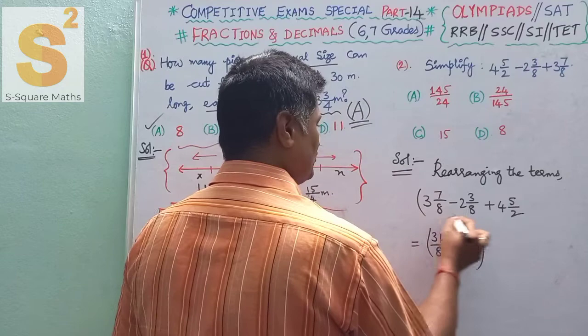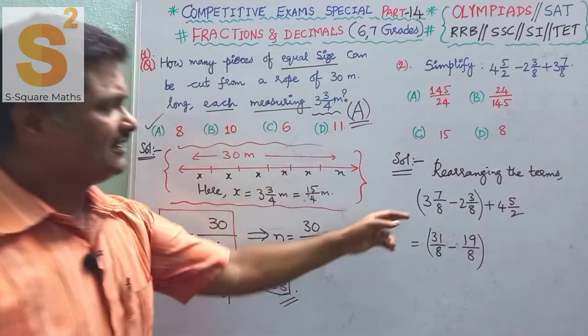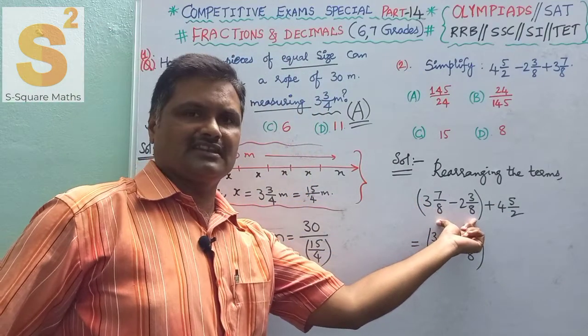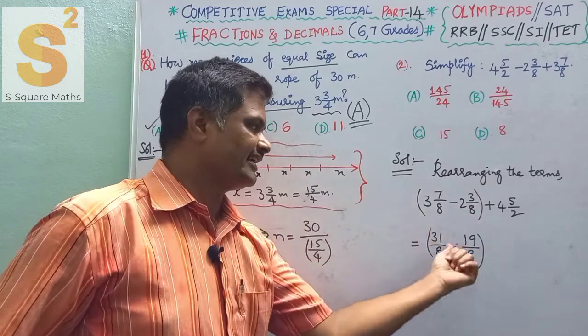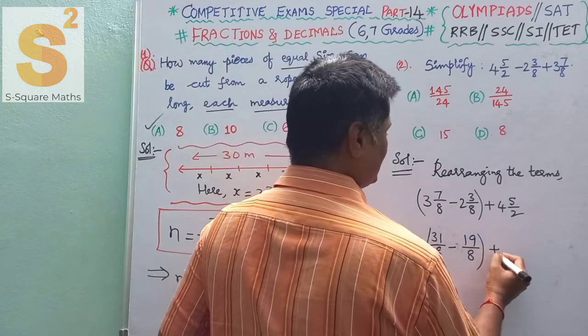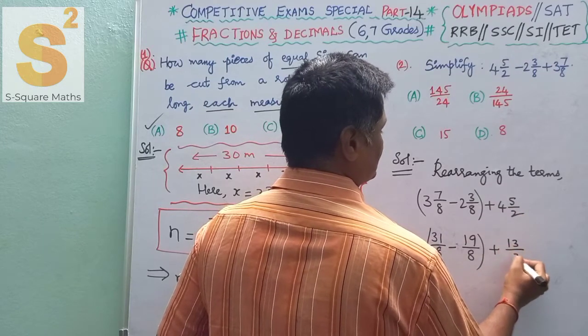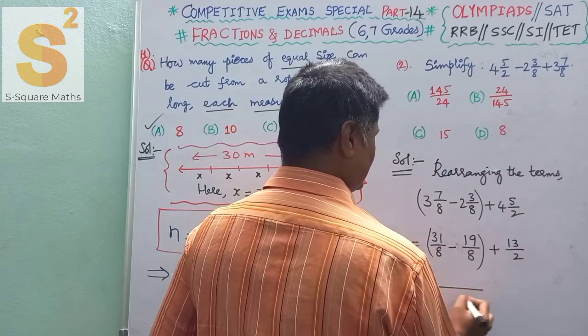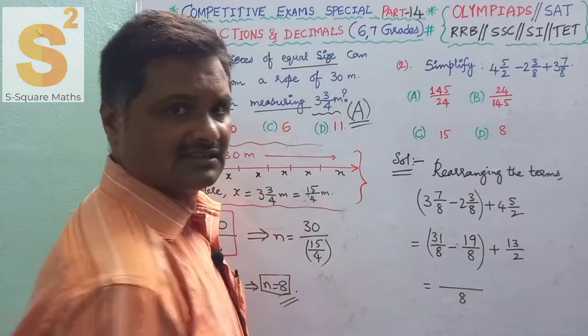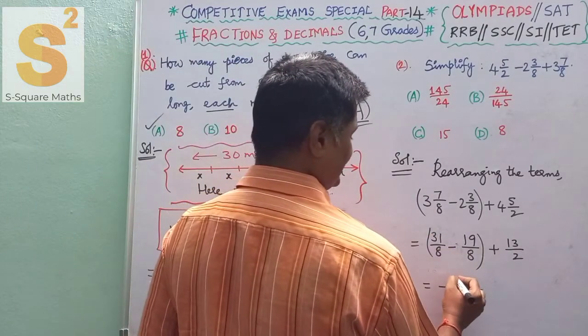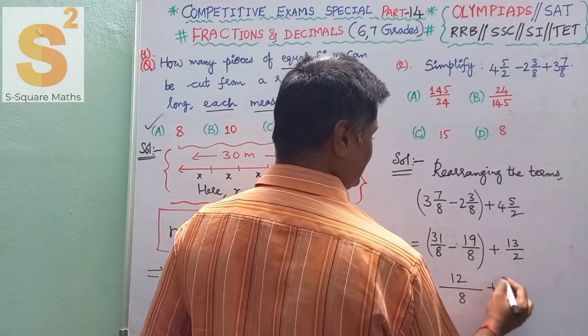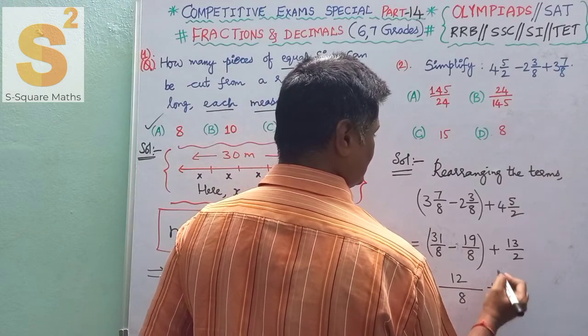So place it in a box. Since they are like terms, the denominators are 8 and 8, plus here I can write 13 by 2. So the LCM is 8 here. 31 minus 19 gives you 12 by 8, plus 13 by 2.